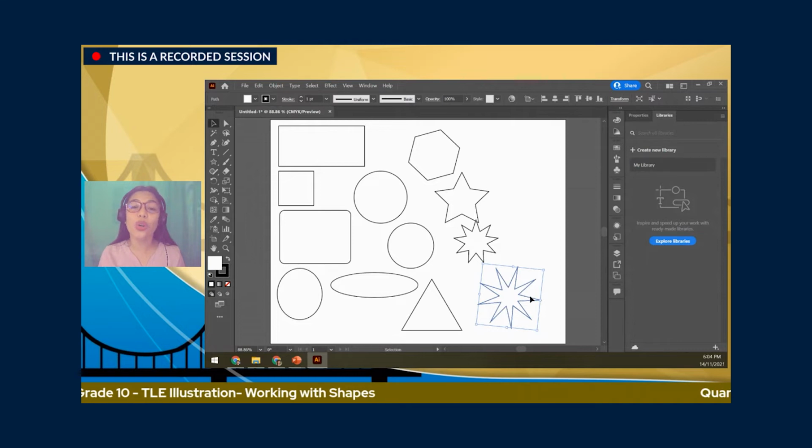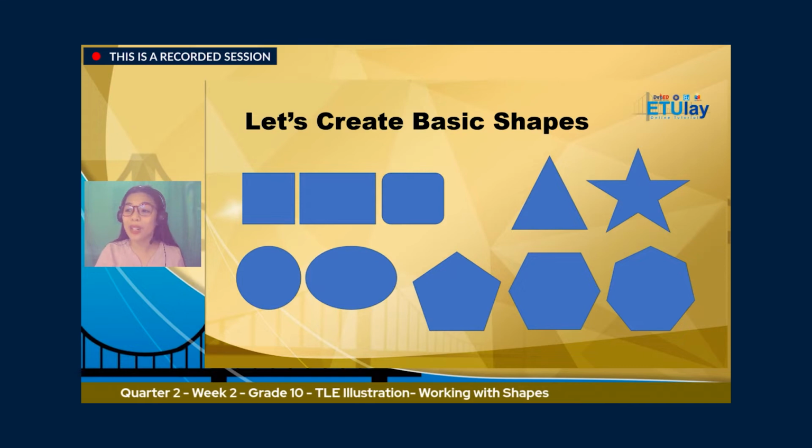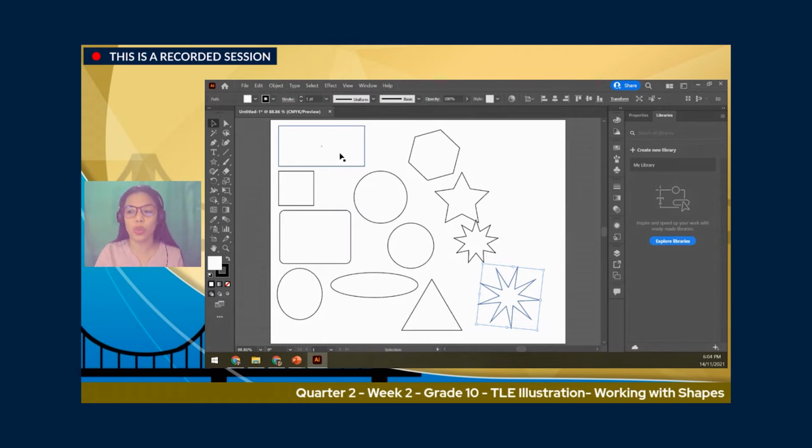Pwede na tayong gumamit. Okay, additional feature ng shapes. Ayan. Makikita natin, ang mga shapes ay may kulay. Paano ba yun? Kanina ang ginawa natin is black and white lang, no? Kita natin black and white. Okay, how do we create or how do we add colors?